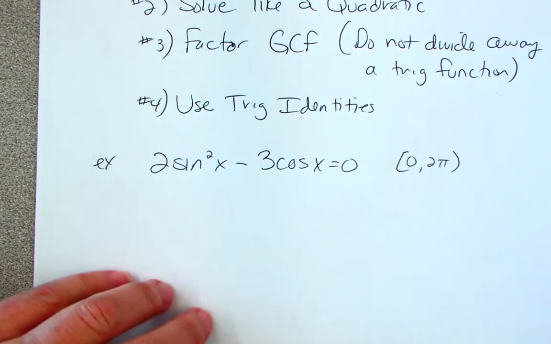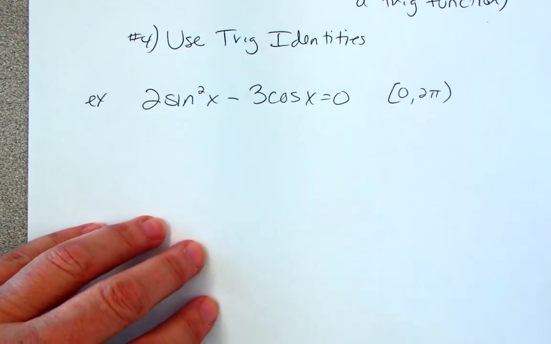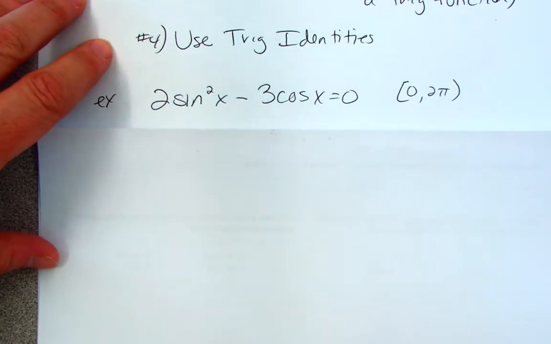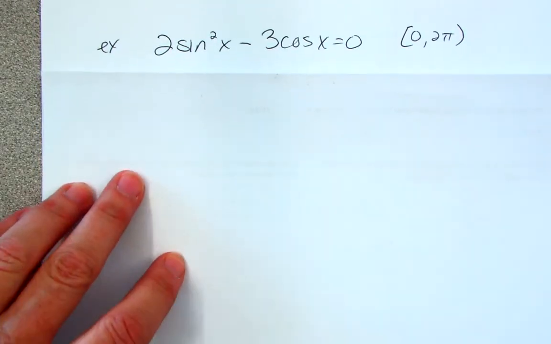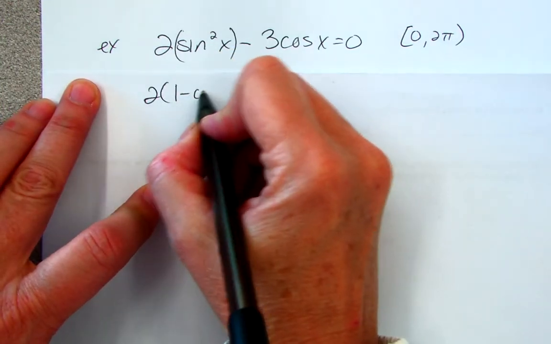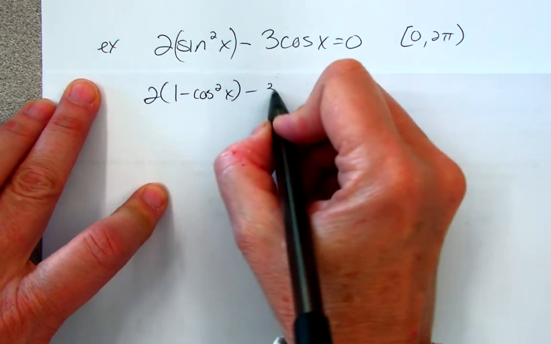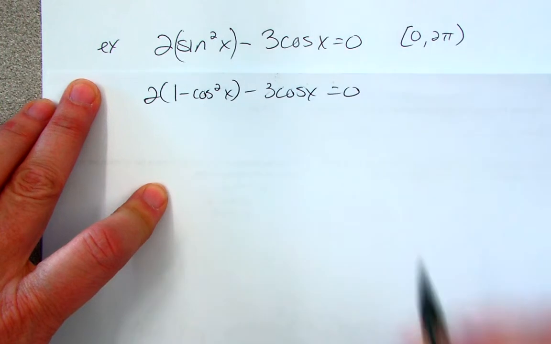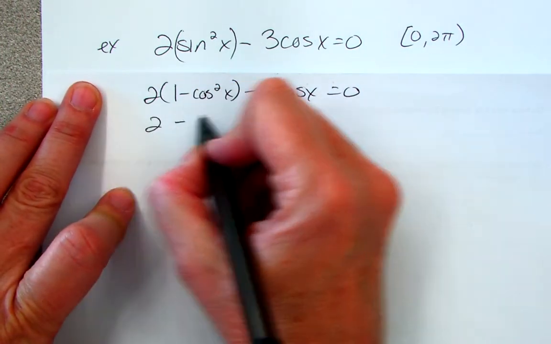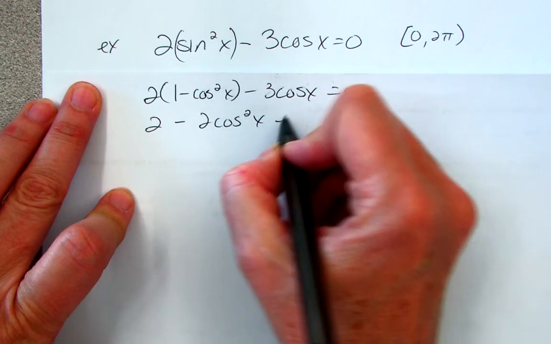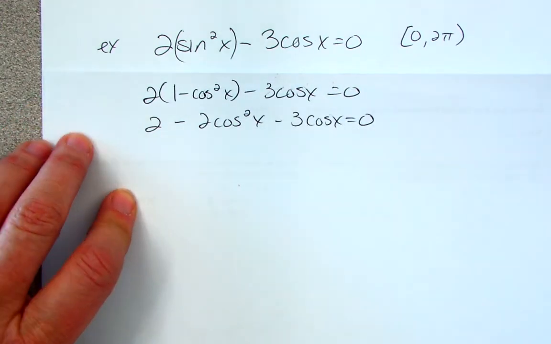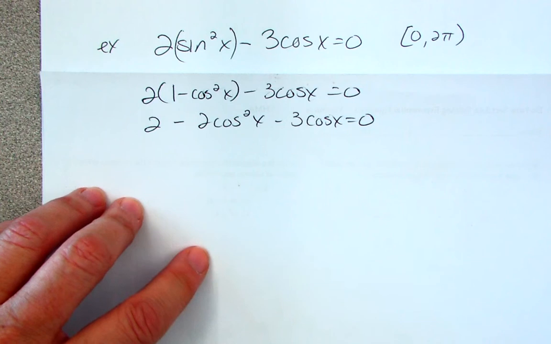So I'm going to scoot it up a little bit higher. So I'm going to substitute this out. And I'm going to go ahead and distribute the 2 in. Now it's looking like a quadratic, that's a trinomial.